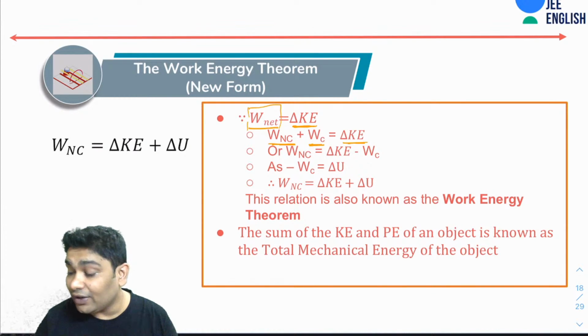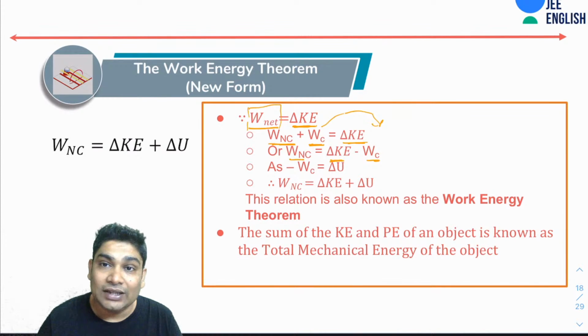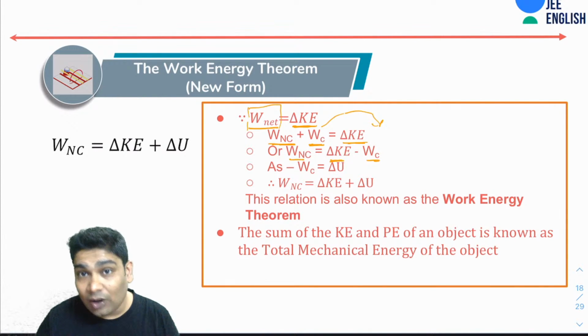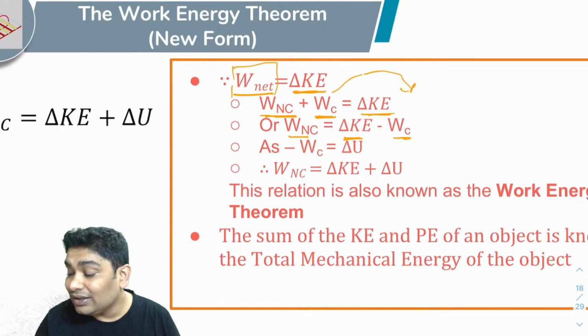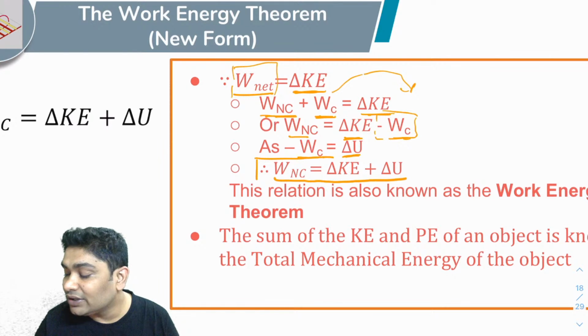Work done by non-conservative forces can also be written as delta KE minus Wc. Now I also remember that delta U was nothing but minus Wc. So this can be replaced by delta U, which gives this form.